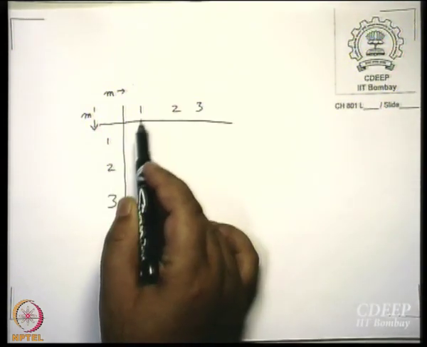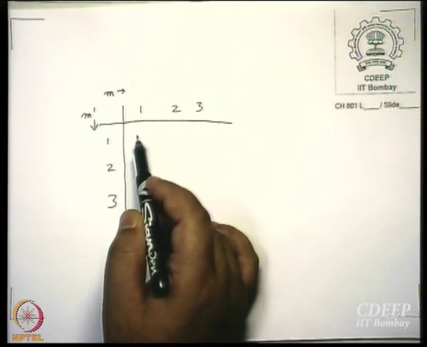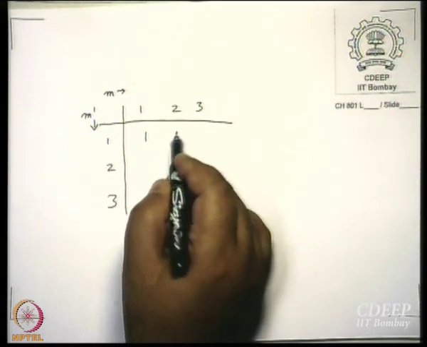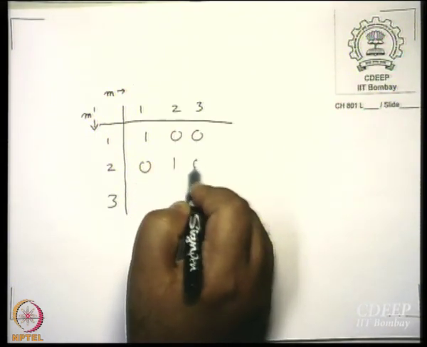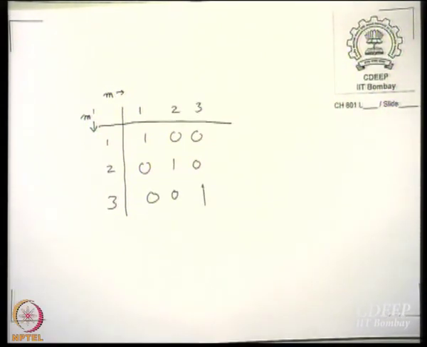So what is this product? 1 into 1. When m equals 1, m dash also equals 1. Then what is the Kronecker delta? 1, 1, 2, this, right? It is essentially like the unit matrix.